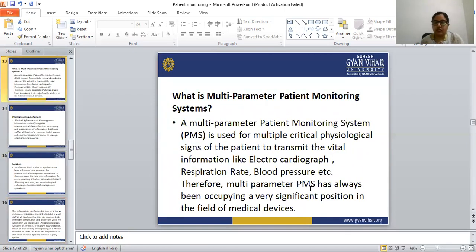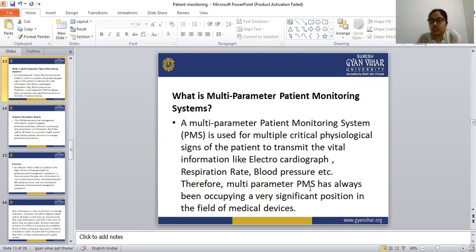So let's see what a multi-parameter patient monitoring system is. A multi-parameter patient monitoring system is used to monitor multiple critical physiological signs of the patient and transmit vital information like electrocardiograph, respiration rate, blood pressure, etc. In one particular machine we can measure the electrocardiograph, the respiration rate, the blood pressure, etc. But in the single parameter machine, we can measure only a single parameter.